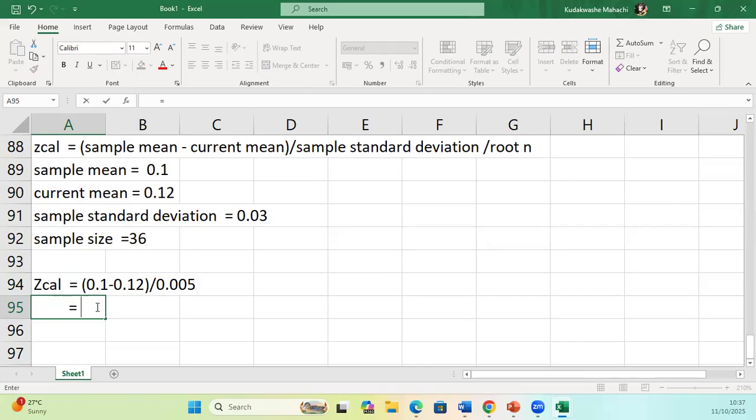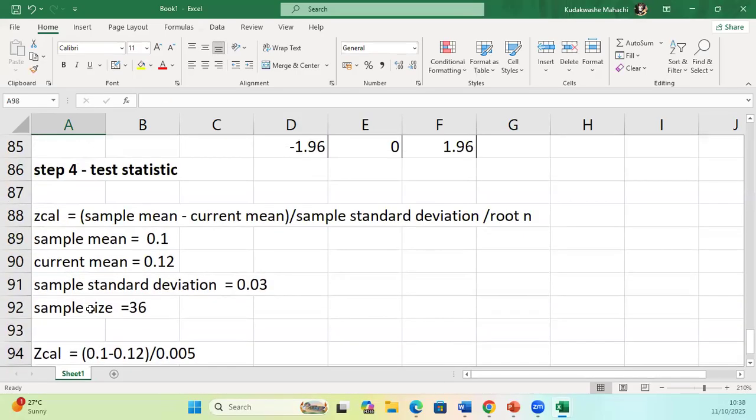Let's simplify: 0.1 minus 0.12 gives minus 0.02, divided by 0.005. So what would be our test statistic, or Z calculated, in this case? We're getting -4.